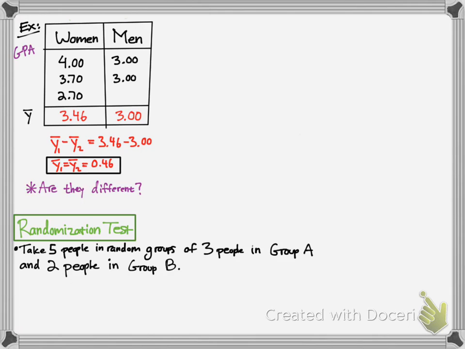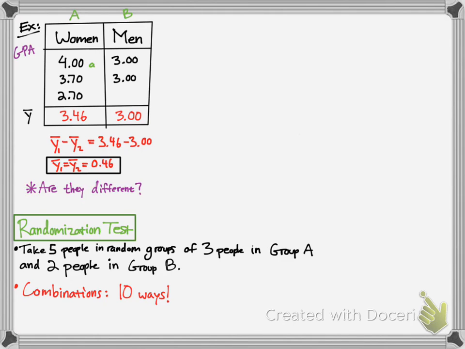Things like that. It kind of shuffles the deck rather than categorizing. So how many different ways can we do this? Well, we can do this in 10 ways. These groups don't necessarily mean men and women, we're just going to make 2 separate categories and reorganize the data.